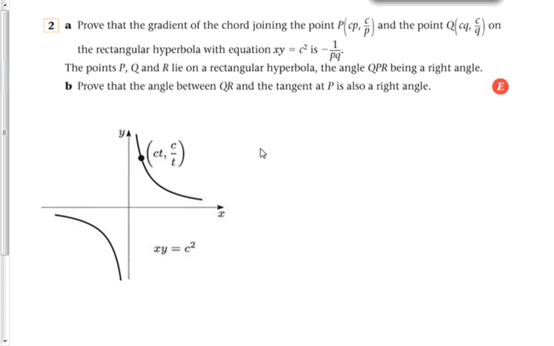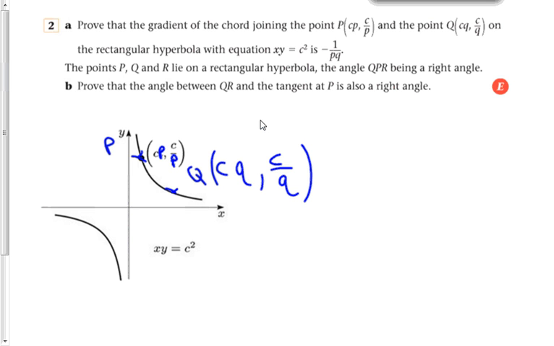For part B, to make it easy, let me just say Q is another point. Let's say this is the point P. So (cp, c/p), and Q is (cq, c/q). And it says here that the points P, Q, and R lie on a rectangular hyperbola, the angle QPR being a right angle.